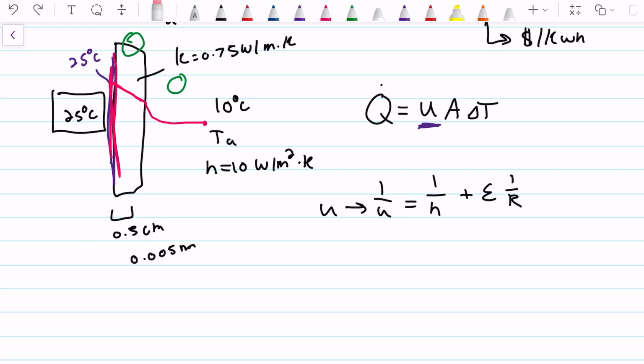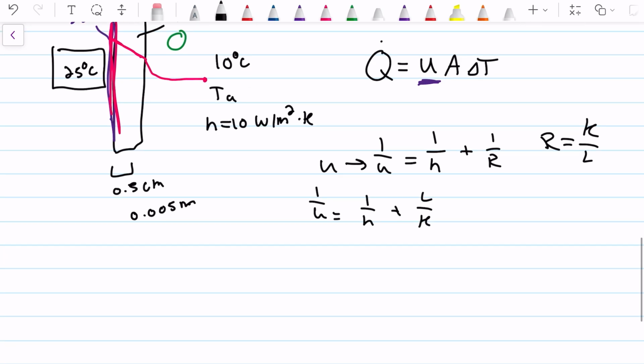But we only have one surface, so I'm just going to call this 1 over R. And then R is defined as K over L. So what does this look like? It's going to be 1 over H plus L over K.